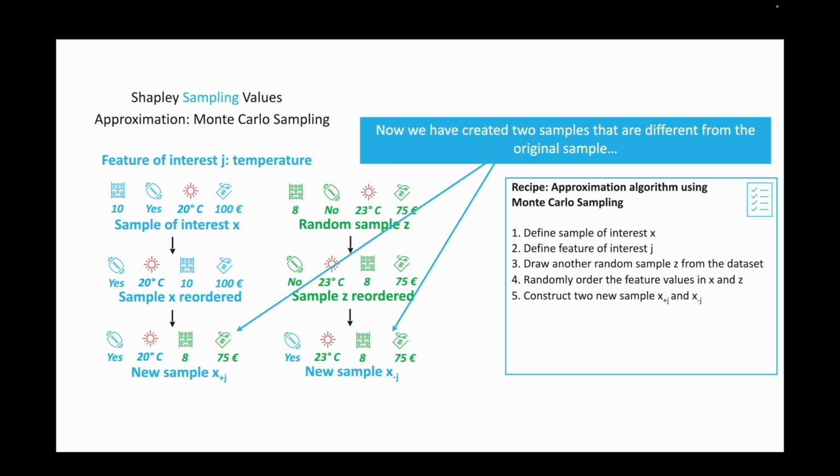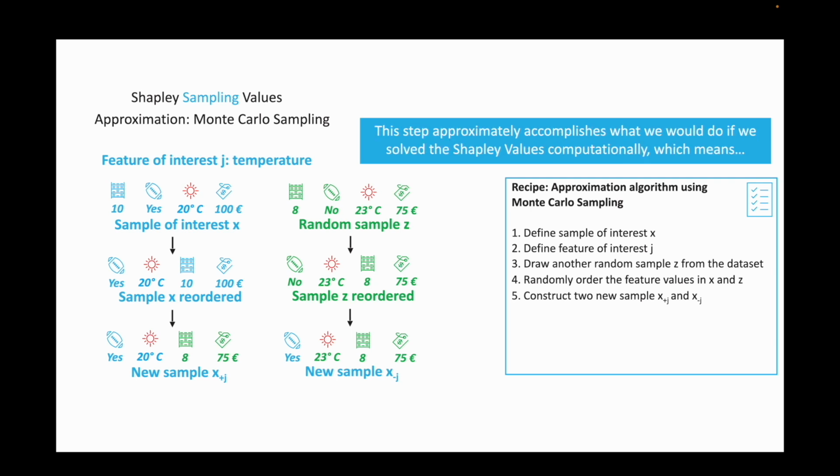Now we have created two samples that are different from the original sample, but still contain values that are realistic feature values from the underlying data. This step approximately accomplishes what we would do if we solved the Shapley values computationally, which means using the whole distribution of possible feature values to understand the impact of a missing feature. However, in this approach, we sample only a few data points from these feature values' full distributions.